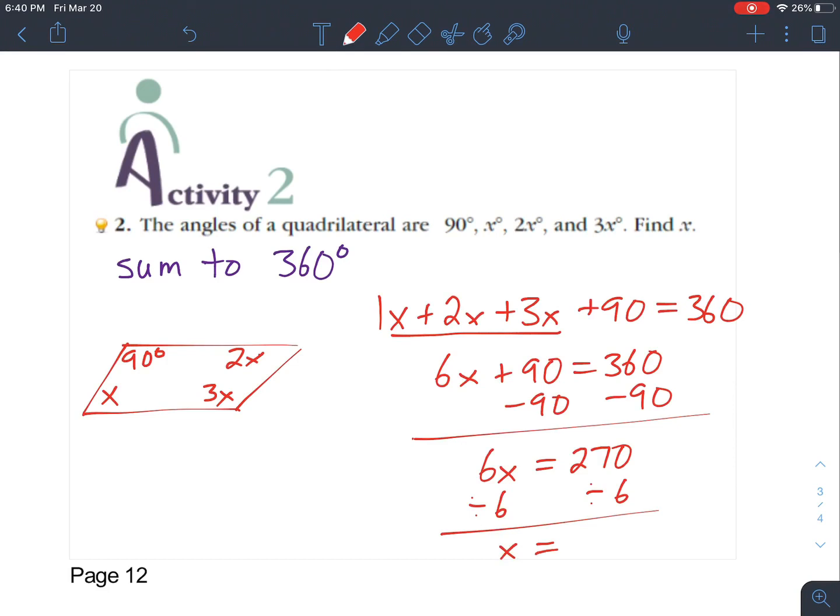And then we have to divide both sides by 6. And let's see, I know that 6 can go into 24 4 times. 6 goes in there 40 times. But then we need another 30, and I know 6 can go into 35 times. So the answer for this is that x equals 45.